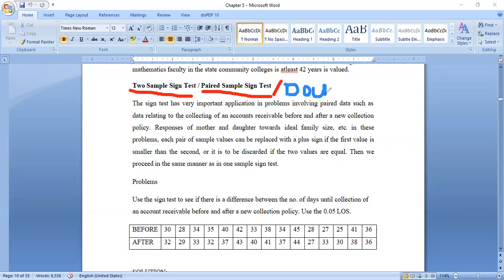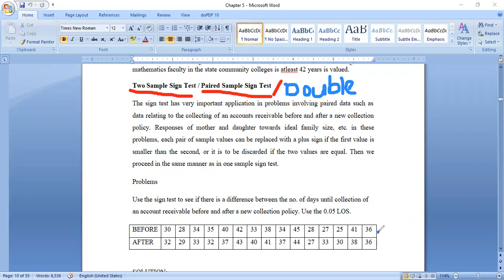When comparing with a single sample sign test, in a single sample sign test only single values are given. In a double sample, paired sample or two sample sign test, we will see the information regarding two values. I will show one small example here.